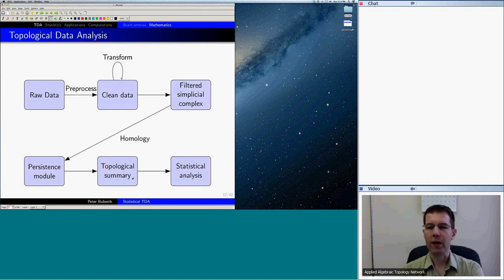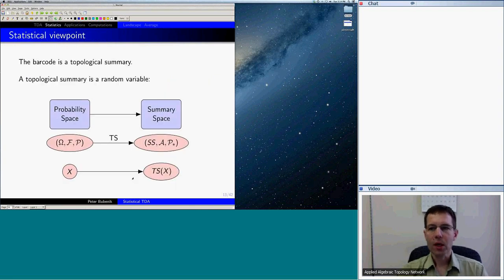We've gone through the first 5 steps in this flowchart for one kind of real example. And the thing that remains to be done is to do statistical analysis. So let's think about that. From a statistical point of view, we can abstract away all of those first 5 steps into a function.